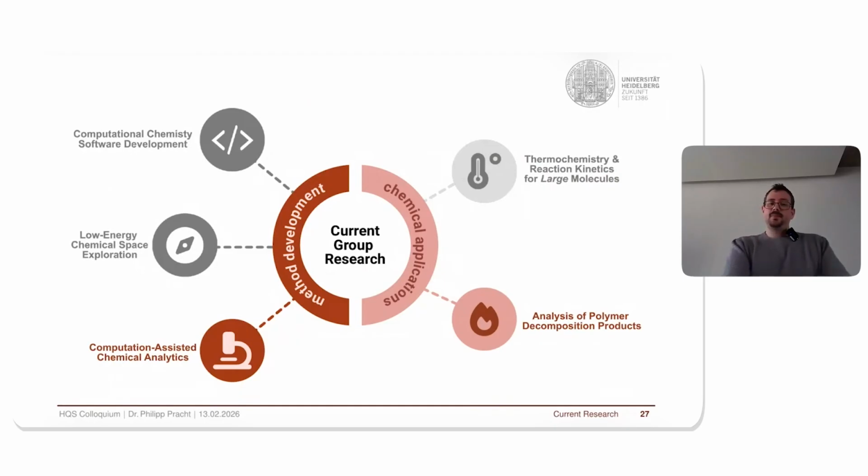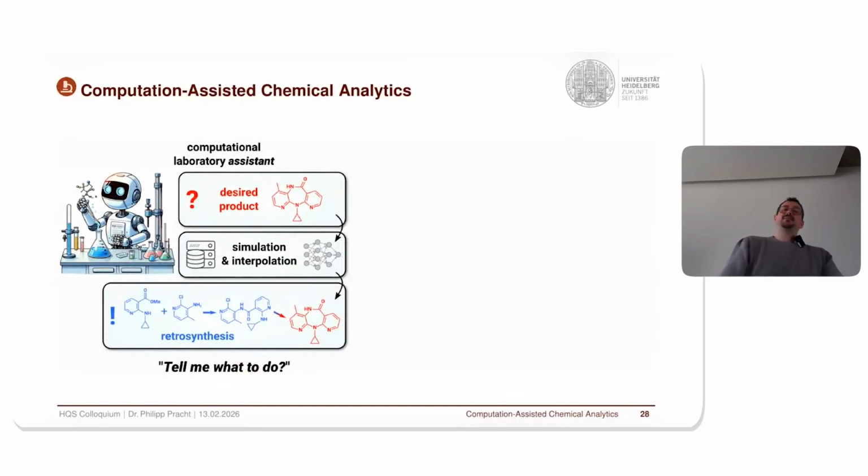Here it makes sense to look at what are the bigger projects money is flowing into in academia right now, especially in the context of AI technologies, aside from machine learning interatomic potentials, so aside from methods to describe the potential energy surface.